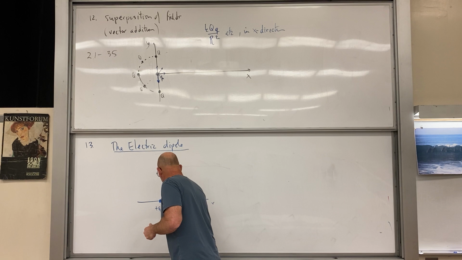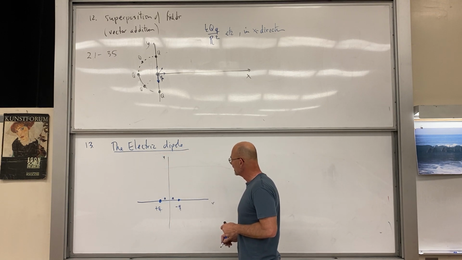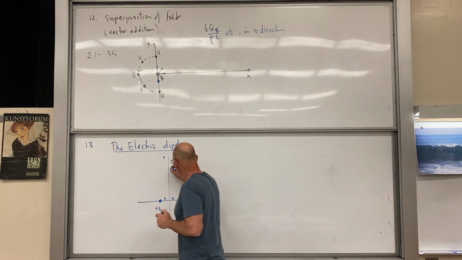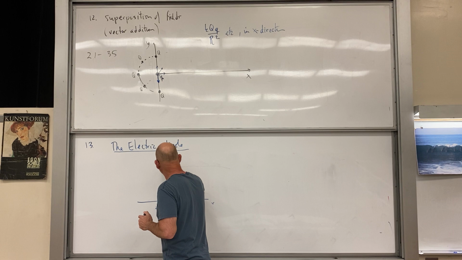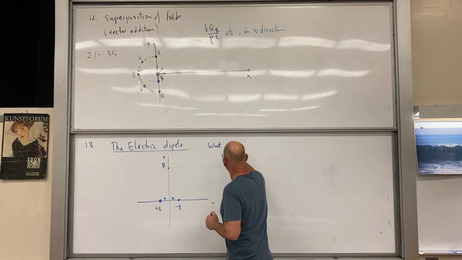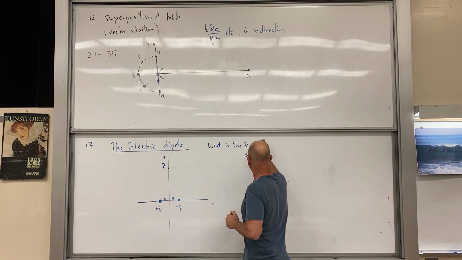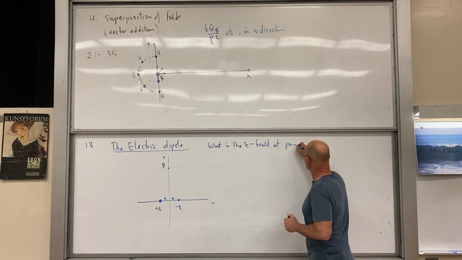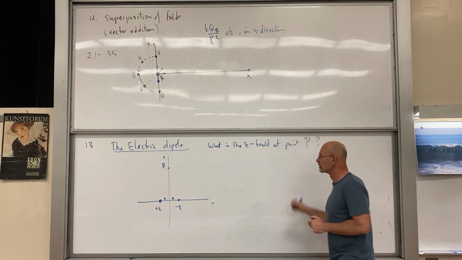Okay, so it's minus a to the left, positive a to the right. And now we're going to ask about the field here at some point P. So what is the E field at point P? Question mark.